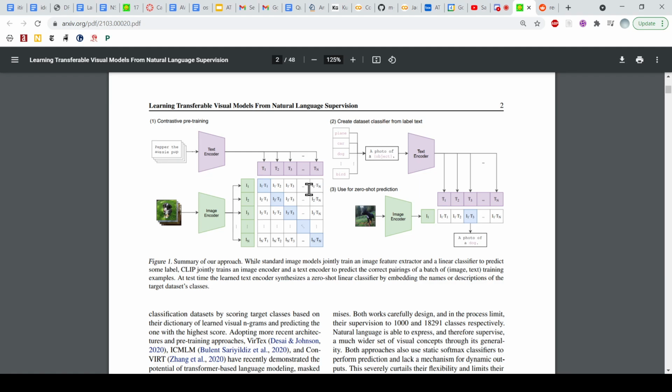During training, it takes in a stack of different texts, descriptions of images, and a stack of different images. After processing them through a text encoder and an image encoder, it's basically being trained to say, okay, T3, for instance, most matches I3.